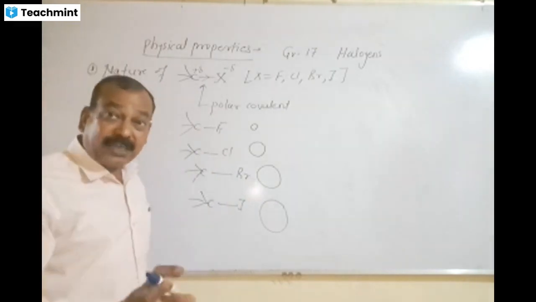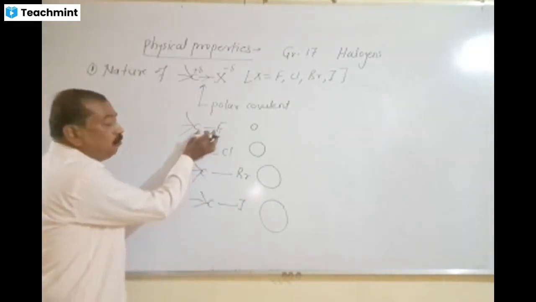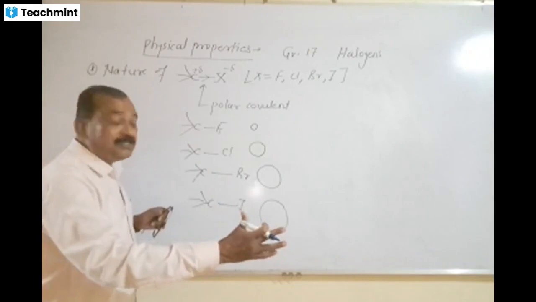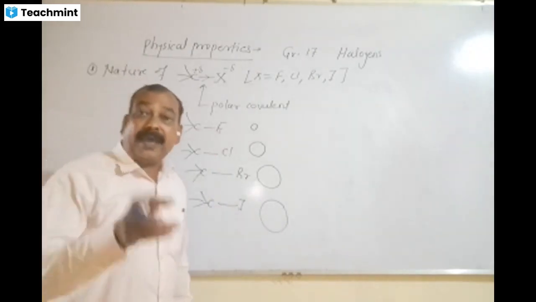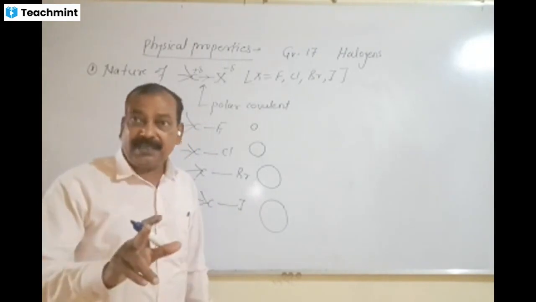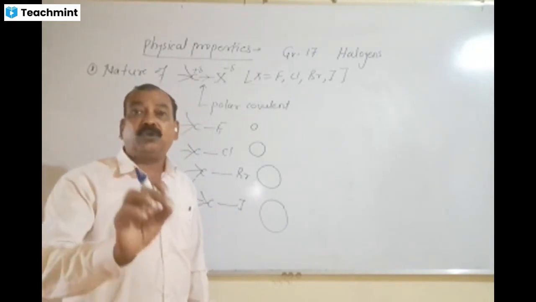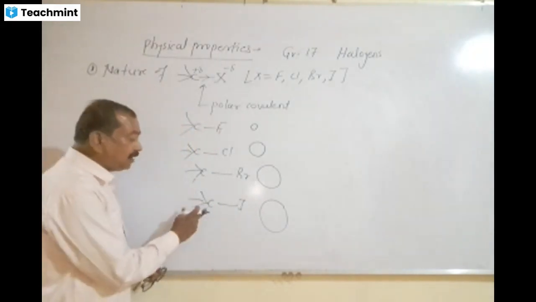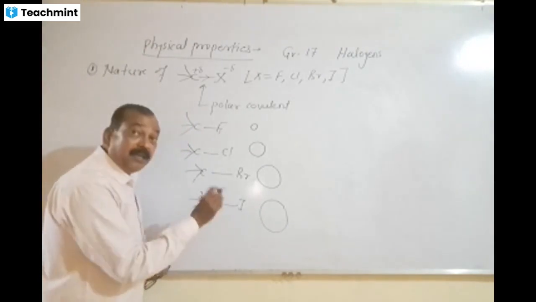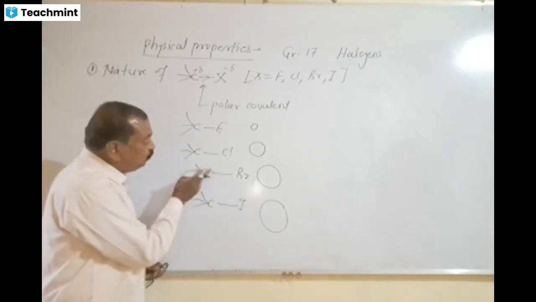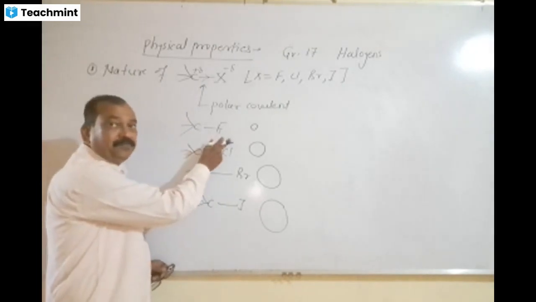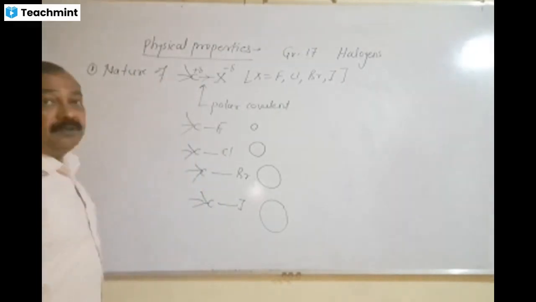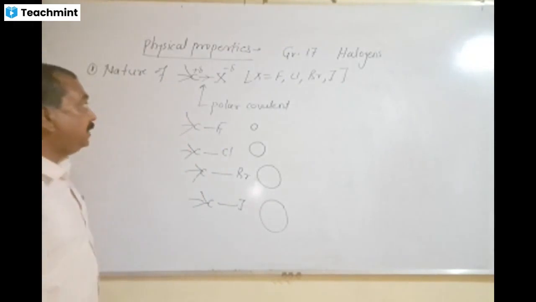And as atomic size goes on increasing, bond length also goes on increasing, and as bond length goes on increasing, strength of bond goes on decreasing. Therefore, the bond between carbon and iodine is very weak as compared to the bond between carbon and bromine, carbon and chlorine, carbon and fluorine.